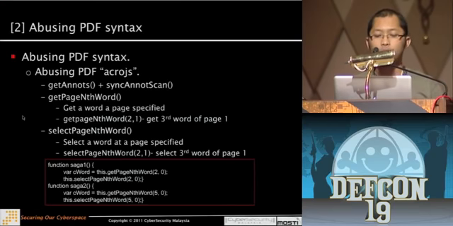For example, getPageNthWord, which tries to get a word on a specific page, and getPageNthWord with 1 is basically getting the second word of page 1, for example. And then you can select based on page as well. So this is normally implemented with obfuscation in PDFs. For example, this is one of the functions. You can see this one, like this, get page number, and this select page number or something.